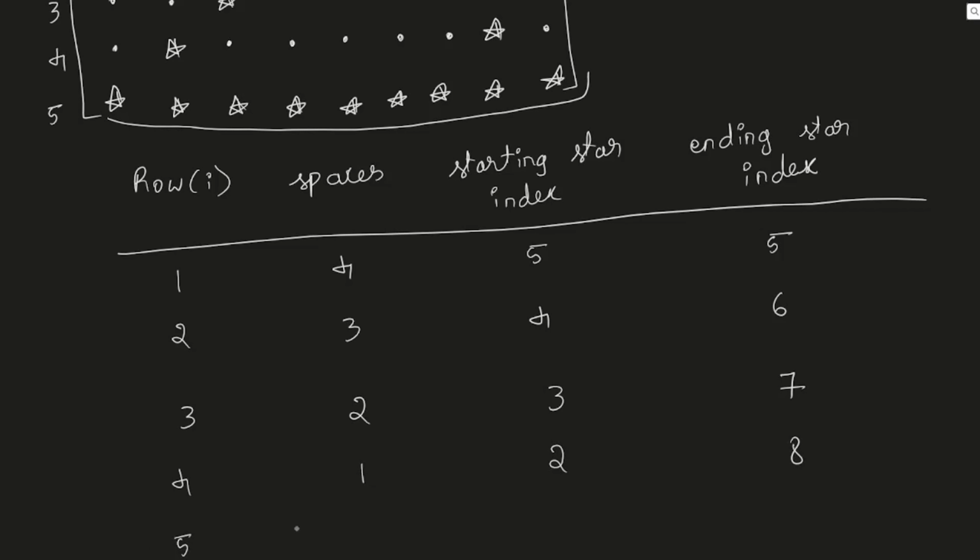For row 5, 0 spaces, index 1 as the start index, index 9 is the end index. Now we got the table. We need to find out a logic for starting star index and ending star index. I'll also tell you why we won't be framing a spaces logic here.